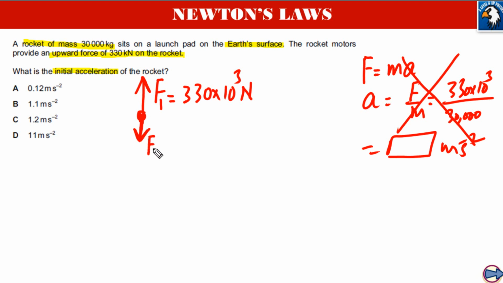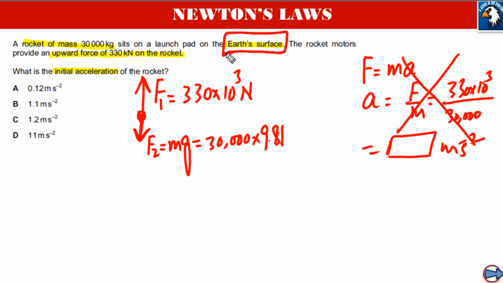We can say that is F2, and F2 will be equal to mg, where m is given and g is equal to 9.81 at Earth's surface. So this is very important.